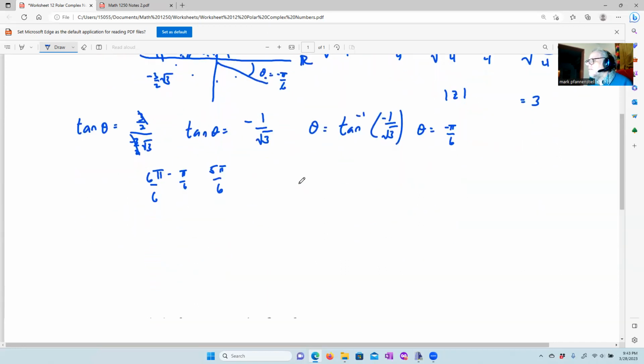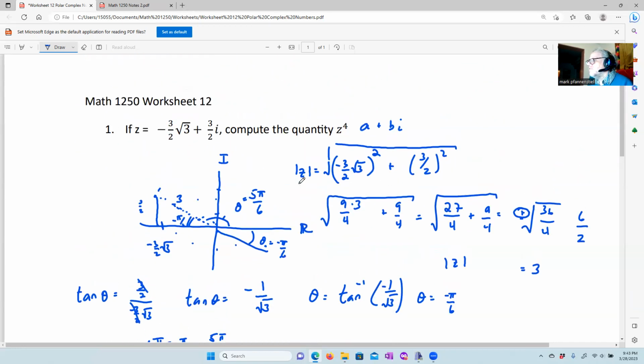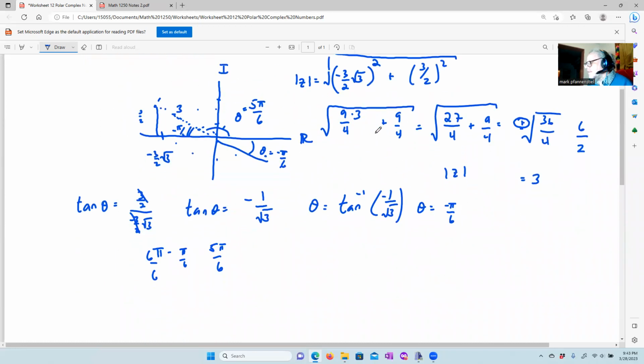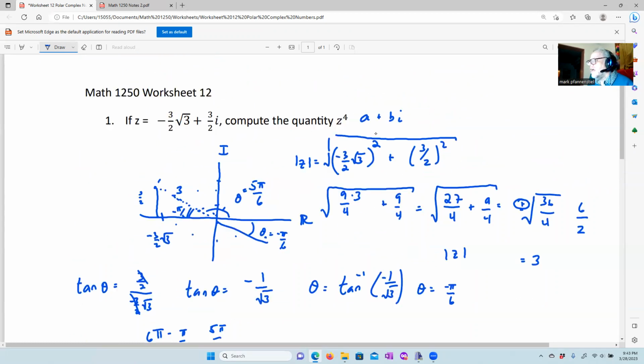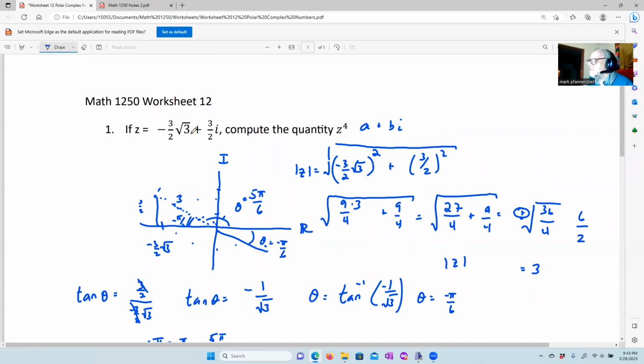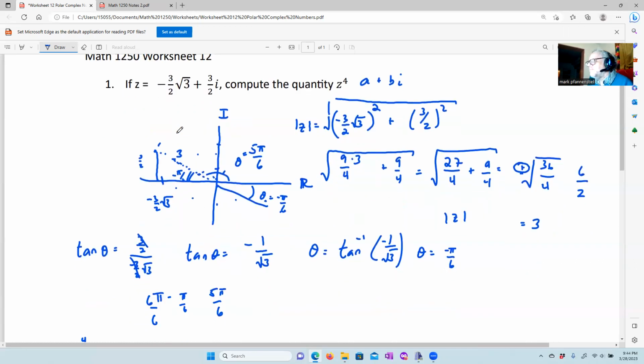Now what we have to do is go ahead and throw this into DeMoivre's law. So DeMoivre's law says something like, z to the fourth is equal to, instead of FOILing this out, which I would not want my students to do, and if you're watching this, you clicked on polar form of complex numbers, you're not supposed to FOIL this out either.